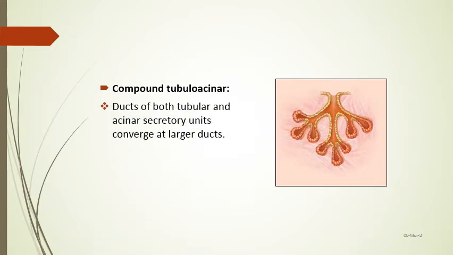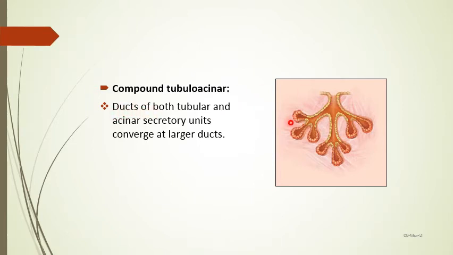The compound tubular acinar: we have ducts of both. We have tubular secretory units or acinar secretory units. All of these have ducts, and the ducts finally converge into larger ducts.